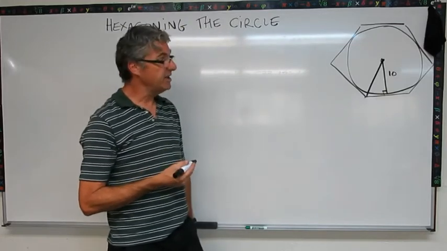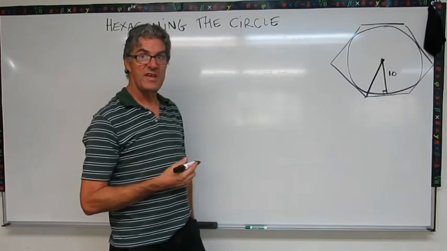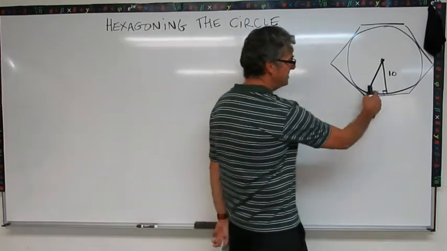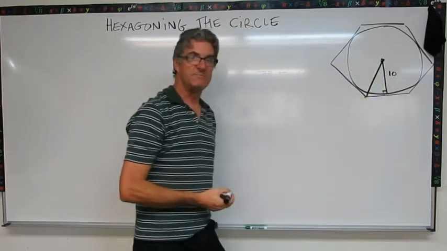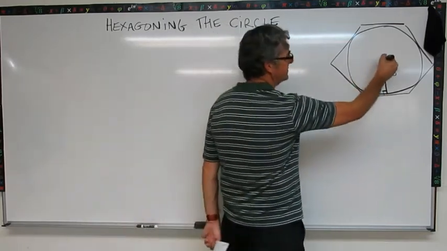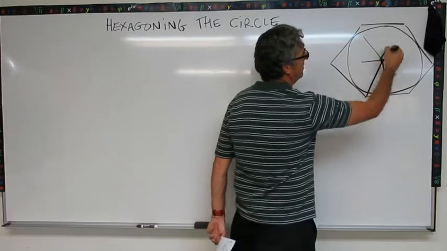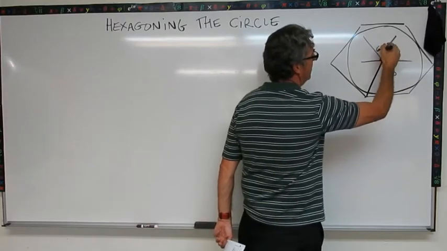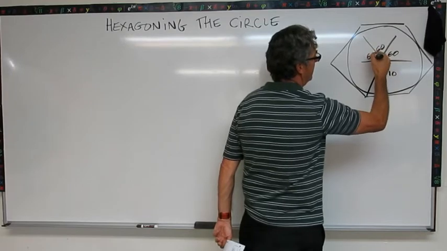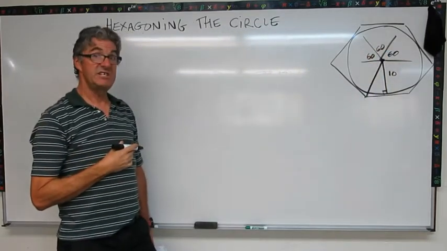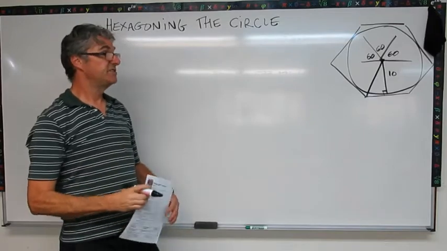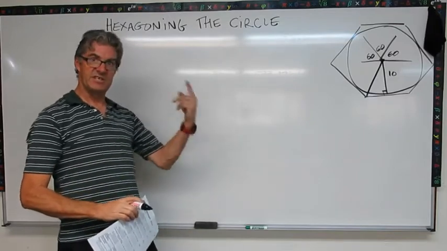Now, I could use some trigonometry here if I know a couple things, or just one thing, if I could find some angle measures. I know that's 90. I would love to know that angle. Here's something to see. All those central angles of the hexagon are 60 degrees because there's 6 of them in 360 degrees.